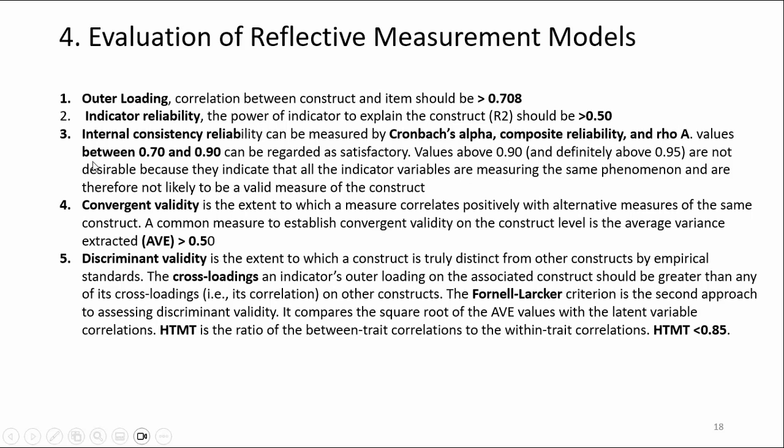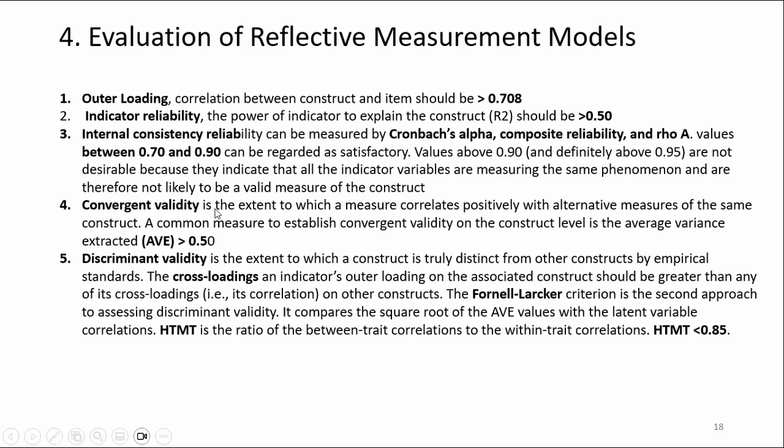The value should fall between 0.7 and 0.9. If the value is greater than 0.9 or above 0.95, it is not desirable because it indicates that all the indicator variables are measuring the same phenomenon, and are therefore not likely to be a valid measurement of the construct.